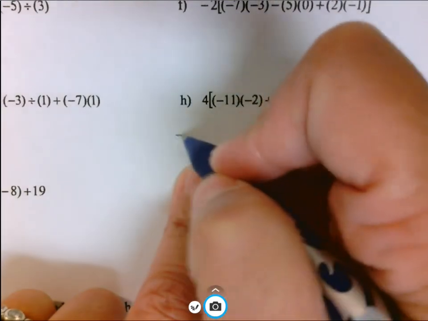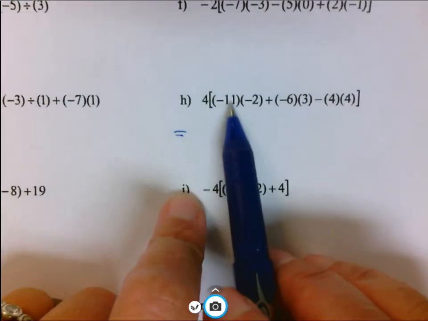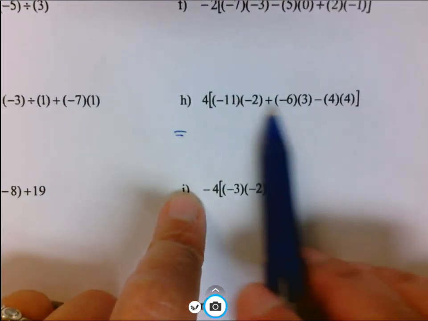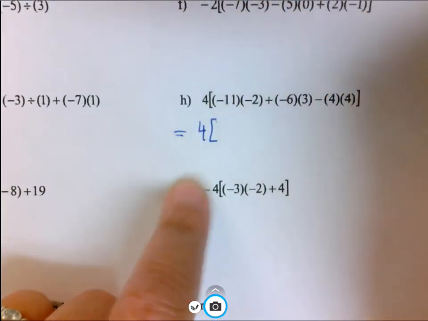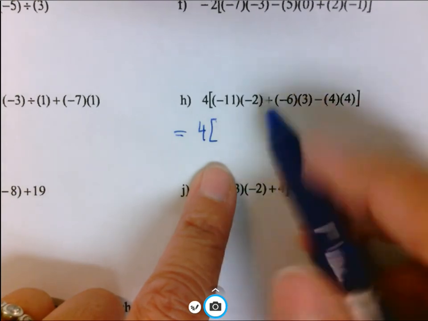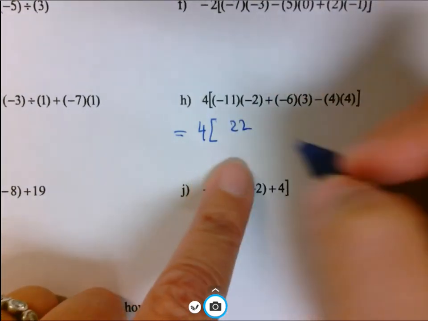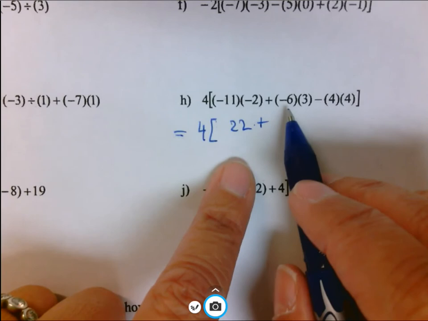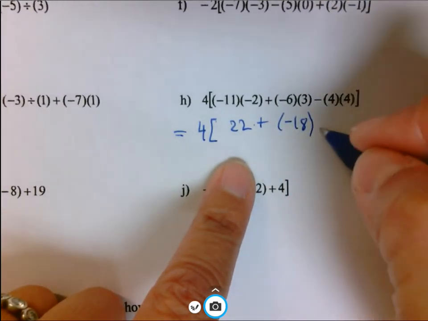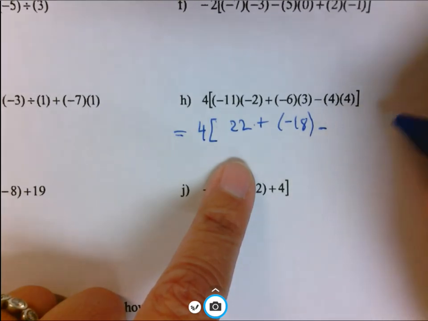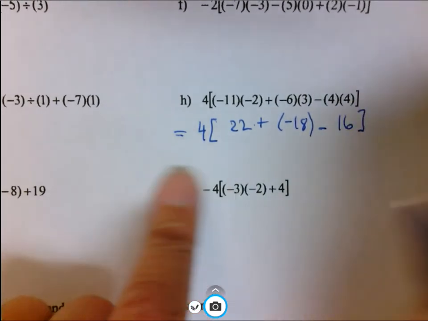Look at this one here, H. Okay, BEDMAS, order of operations, says deal with the brackets first. And so I've got these brackets happening, the large brackets. So I'm going to go 4, -11 times -2 is 22. Plus -6 times 3 is -18. Minus 4 times 4, 16.